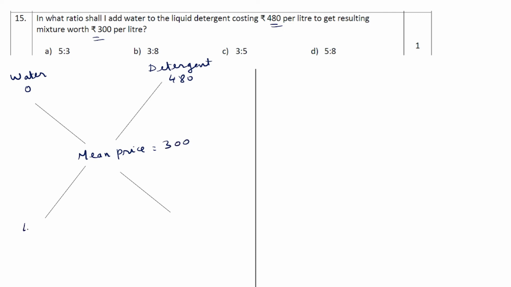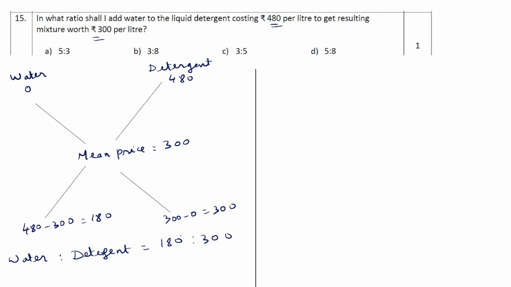So here we have 480 minus 300, it is 180, and here we have 300 minus 0, which is 300. So water is to detergent equal to 180 is to 300, or it is 3 is to 5.